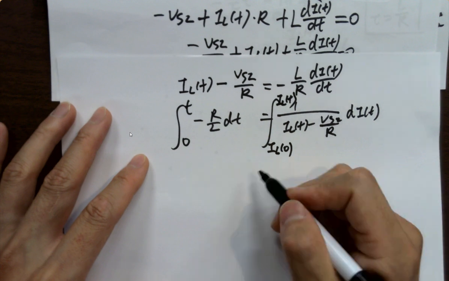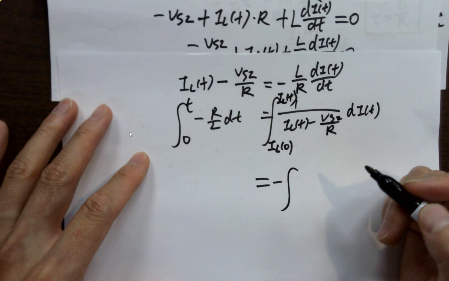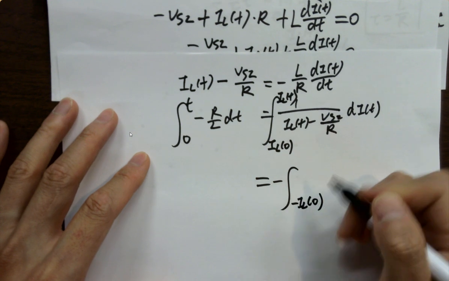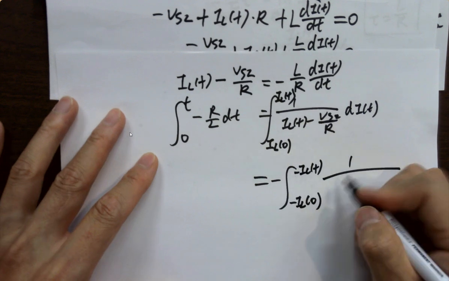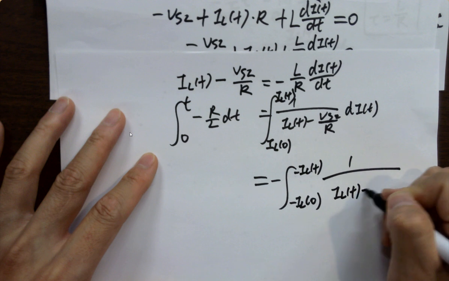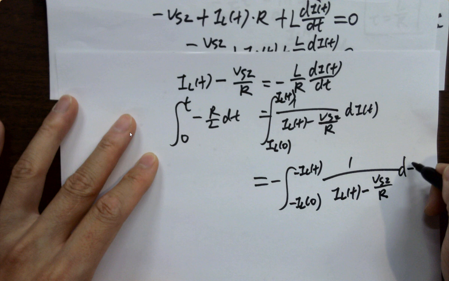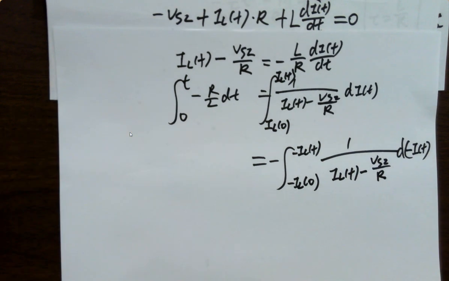Next, add a minus sign to it, so you have to move it to the front as well. So the integrating limit has to be changed as well. Make sure it's right.